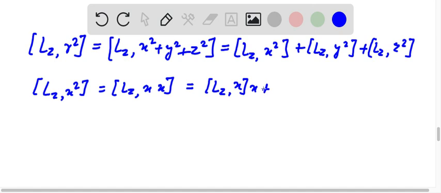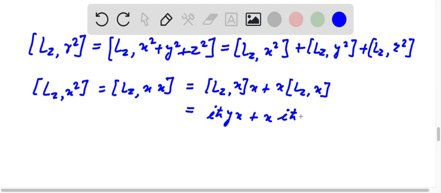Here A is Lz, B is x and C is x. As we know from part A, the value of Lz with x is iħ y, and this is x plus x, and this is iħ y, and this will be 2iħ xy or yx, because they commute with each other.